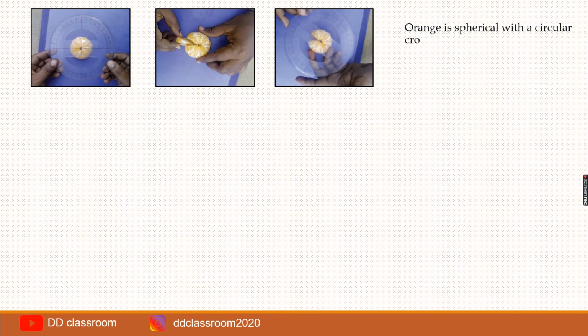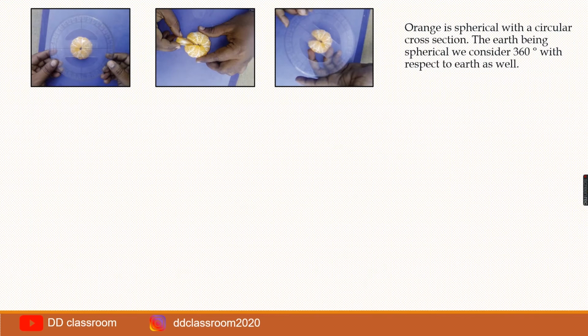See all the pictures. Orange is spherical with a circular cross section. The earth being spherical, we consider 360° with respect to earth as well.